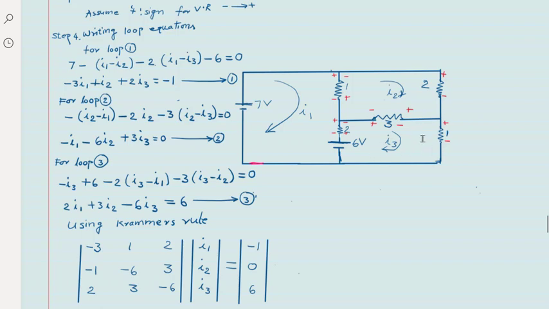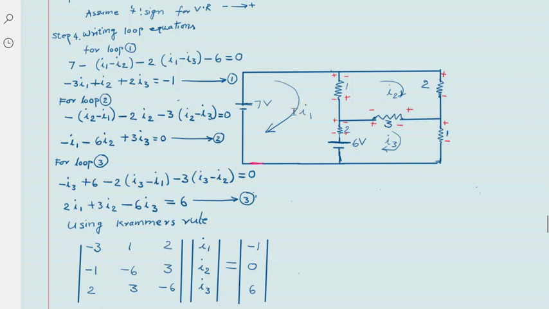Similarly for the other loop. Let me take the first loop. The current I1 is flowing in the clockwise direction, whereas in the second loop the current is also flowing clockwise, and in the third loop also clockwise.